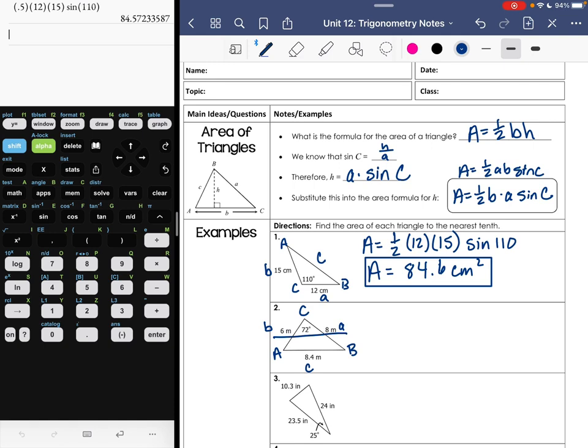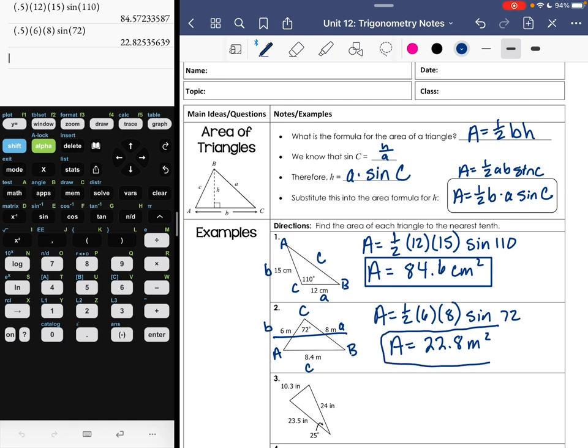So you're going to have the area equals 1/2 times 6 times 8 times the sine of 72. And then you can just type that in again. And so the area of this triangle is 22.8 meters squared. As long as you have the two sides and the angle, you're good.